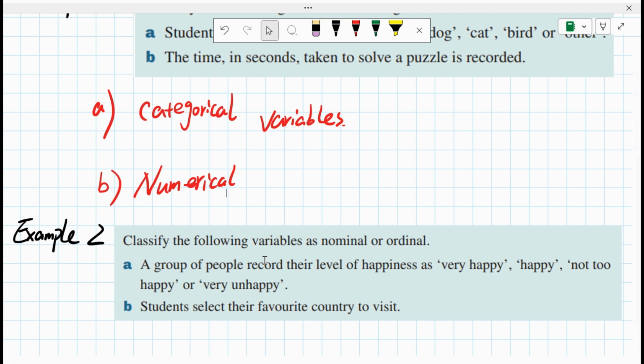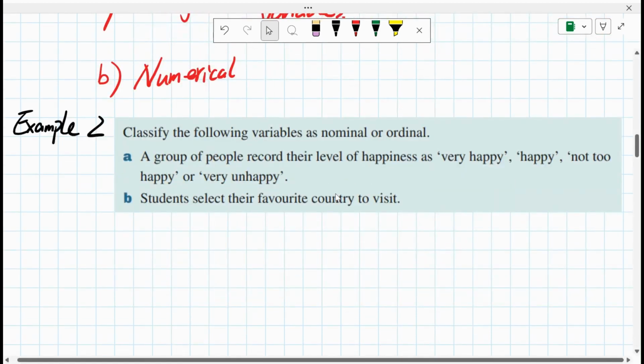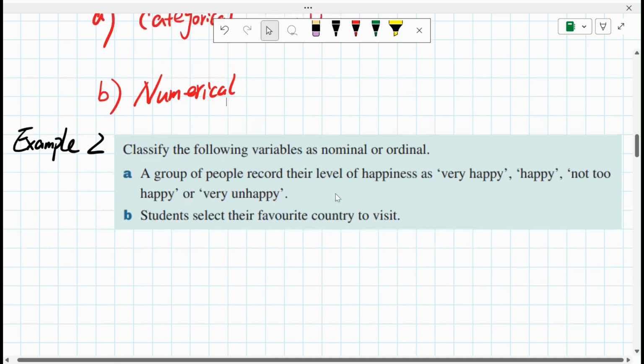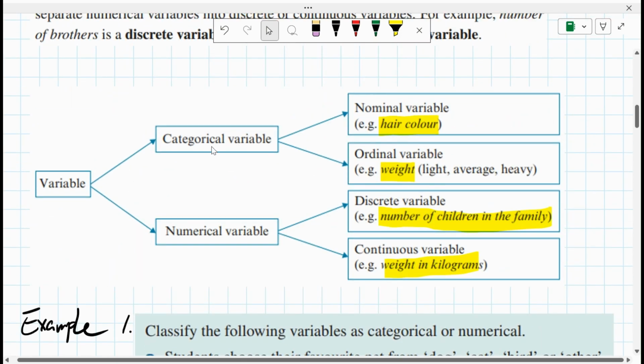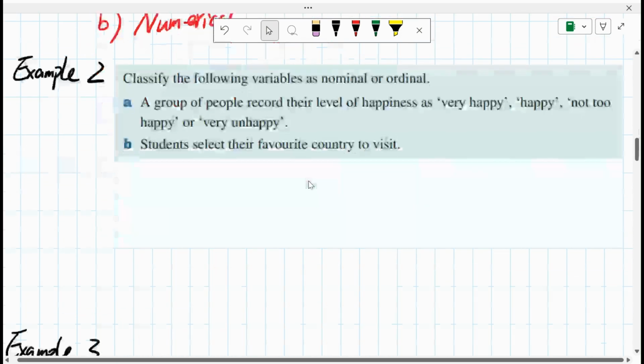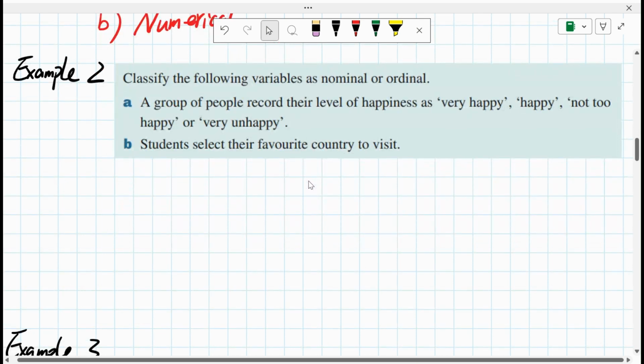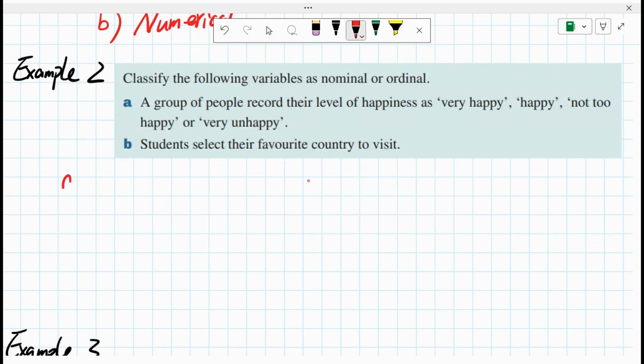The next one, we're going to classify the variables between nominal and ordinal. Back to the beginning, these are categorical variables already, so we have to select differently. First one: a group of people record their levels of happiness, very happy, happy, not too happy, and very unhappy.